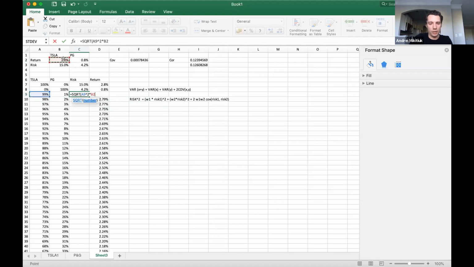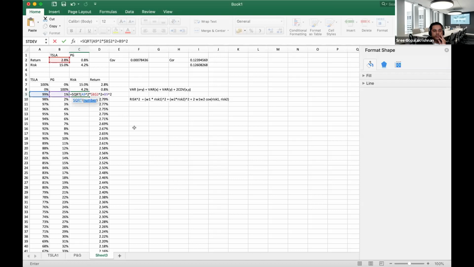Tesla return squared, plus second. Wait, is it weight multiplied by risk squared? Or did you do a weight square? Well, that's the same thing, right? Weight times risk, everything squared, is the same as first squared multiplied by the second squared. Okay, you expanded that. I like fewer parentheses.